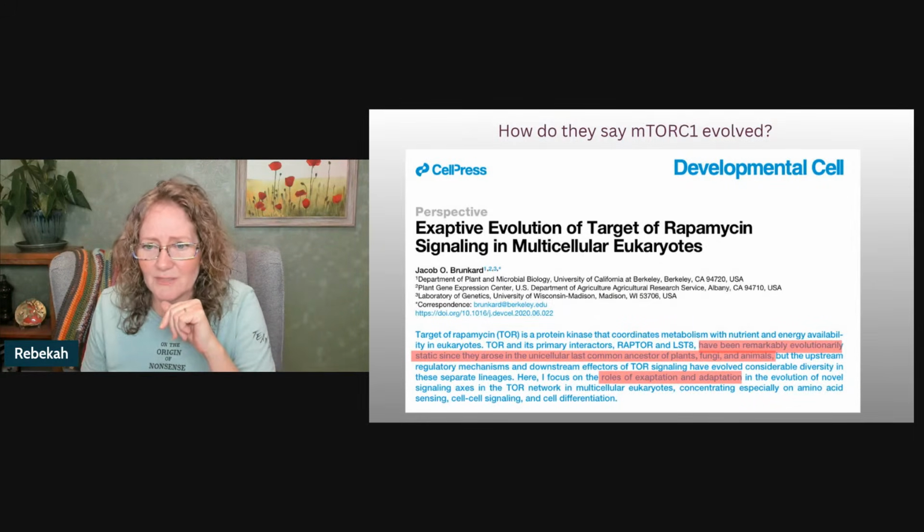So it goes on, but the upstream regulatory mechanisms and downstream effectors of TOR signaling have evolved considerable diversity in these separate lineages. Here I focus on the roles of exaptation and adaptation in the evolution of novel signaling axes in the TOR network in multicellular eukaryotes, concentrating especially on amino acid sensing, cell-cell signaling, and cell differentiation.